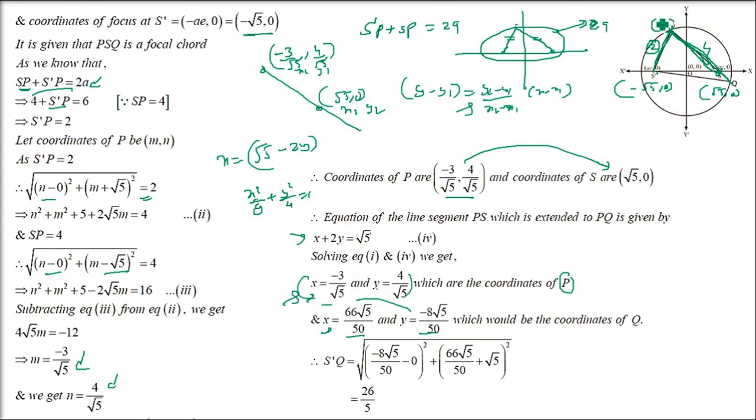And Q is this point. So you have to find out the distance between S dash (minus root 5, 0) and (66 root 5 by 50, minus 8 root 5 by 50). So 26 by 5 will come. This is not a very short answer question. This is quite big, it's quite misleading here.